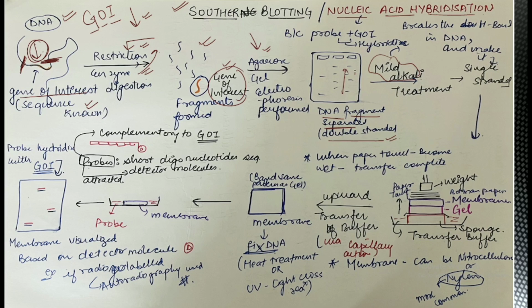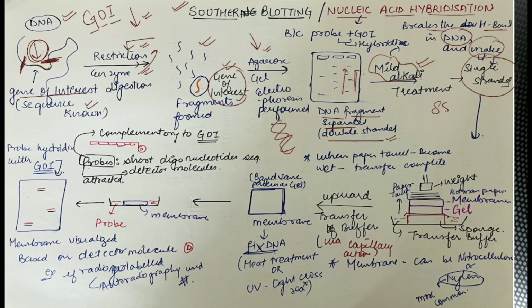Till now we have double stranded DNA only. We need to apply some kind of treatment to it so that the hydrogen bonds between the DNA strands could be broken down and we could have our single strands. Now this mild alkali treatment leads to the breaking of hydrogen bonds in the DNA and makes it single stranded.